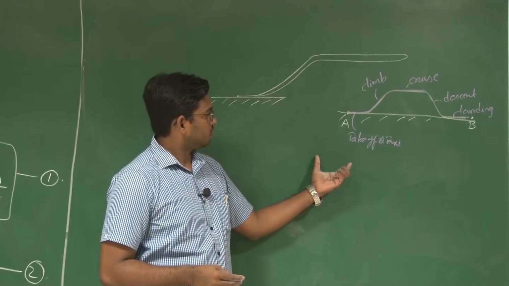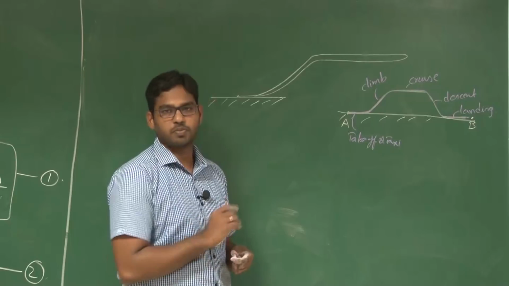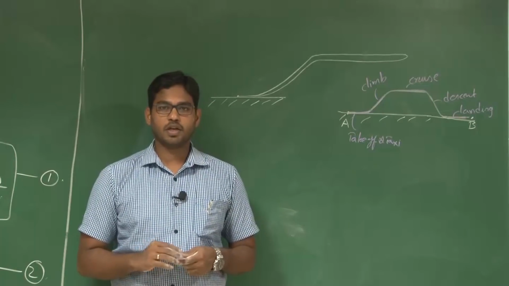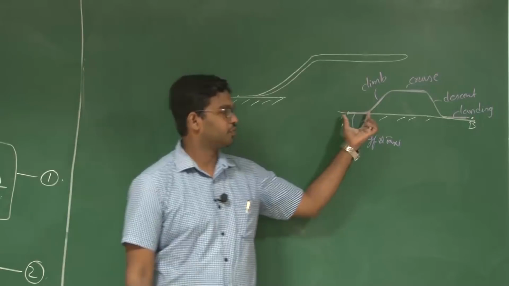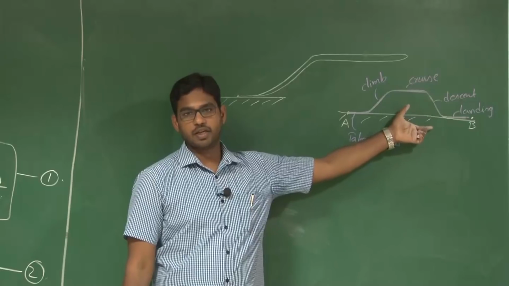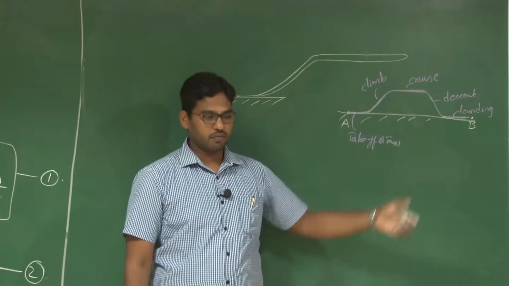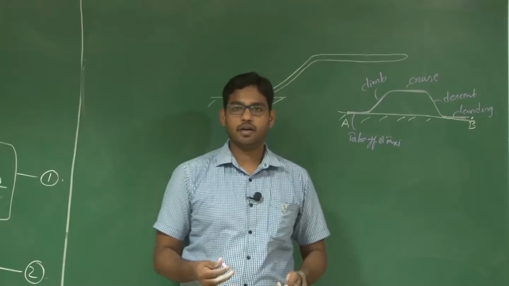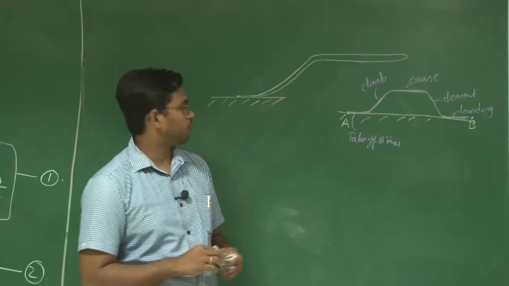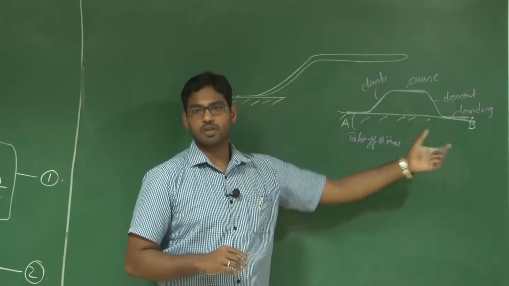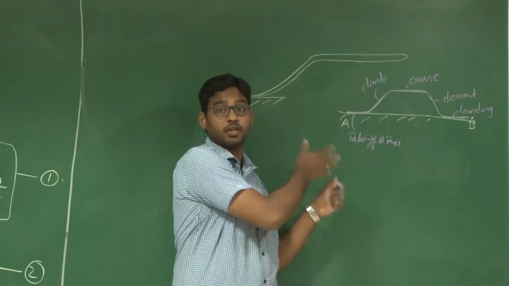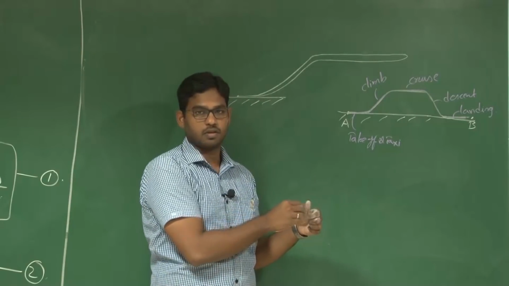Now, what should I do if I want to perform this mission? Say I have an aircraft. First of all, I need to know what should be either the fuel or the battery that I need to carry so that I can perform this particular mission. When you say either fuel or battery, it means you need to carry so much energy, right? So first you need to know the requirement of the system to perform this particular mission, right?